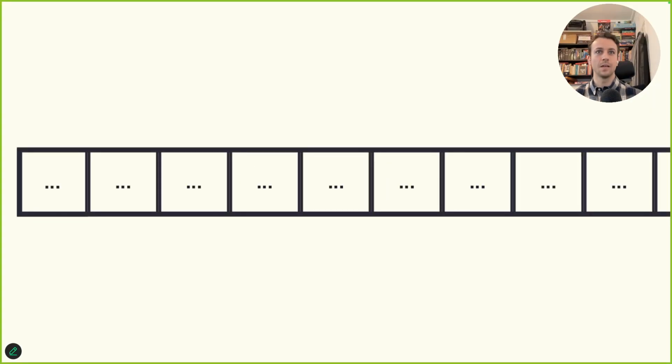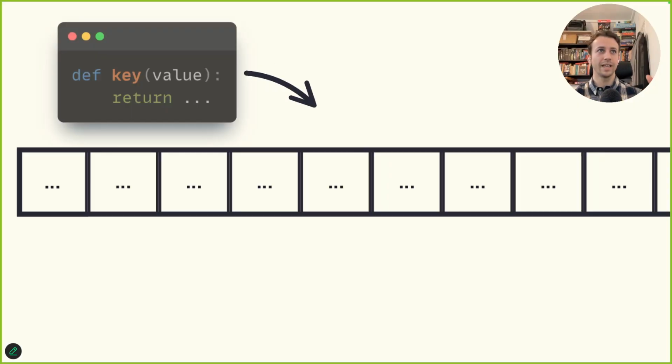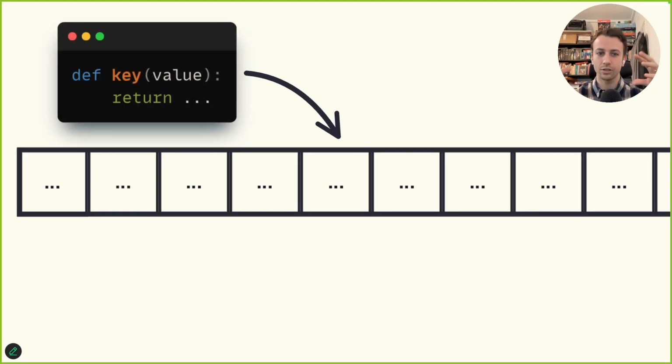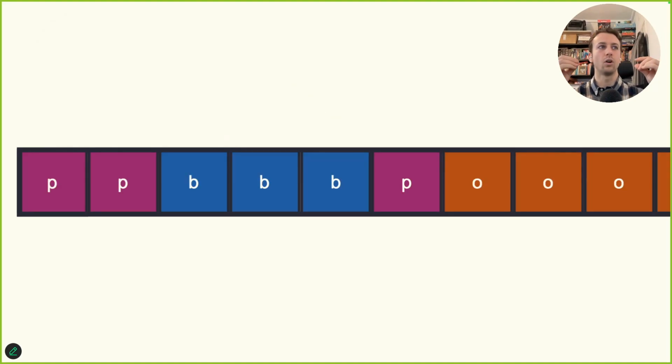Because you have no preconceived idea of what this should do. So groupby, how does this work? You have an iterable that's starting on the left, and then we don't care for how long it goes. You have an iterable. And then you have a function, let's call it a key function, that takes a value and returns a key for each value. So you're going to take that key function and you're going to apply it to the whole iterable.